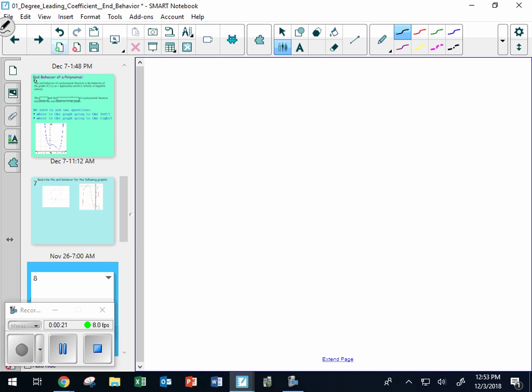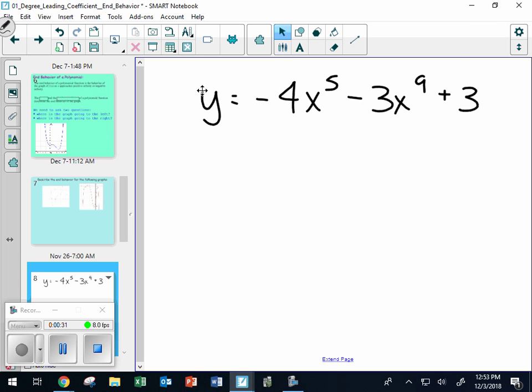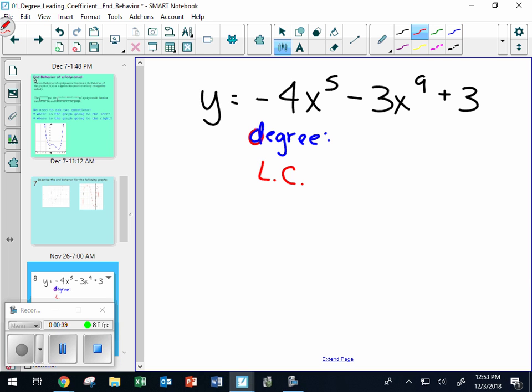So, to review, if I had this as my polynomial, can you find the degree and can you find the leading term? Or the leading coefficient, rather. I'll give you a few moments to find the degree and the leading coefficient for this.